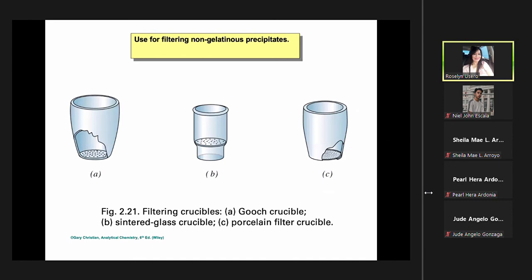Okay, so for filtering non-gelatinous precipitates, we have filtering crucibles, the Gooch crucible. Letter B is the sintered glass crucible, and this one is the porcelain filtering crucible.